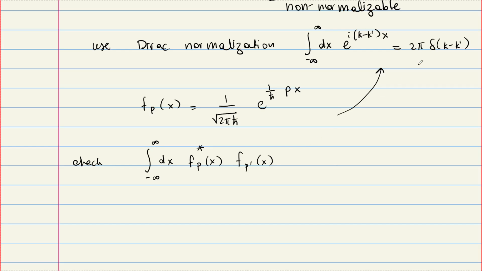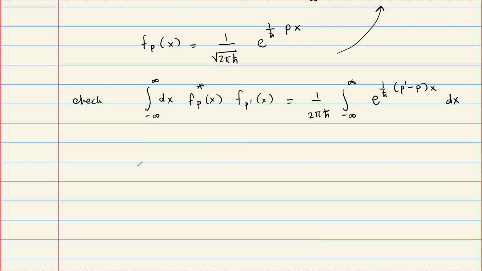And we will use this Dirac identity. Let me plug in 1 over 2πħ. This is from minus infinity to plus infinity. This one is going to bring me minus, this one is going to bring me plus, so this is e^{(i/ħ)(p'−p)x} dx.